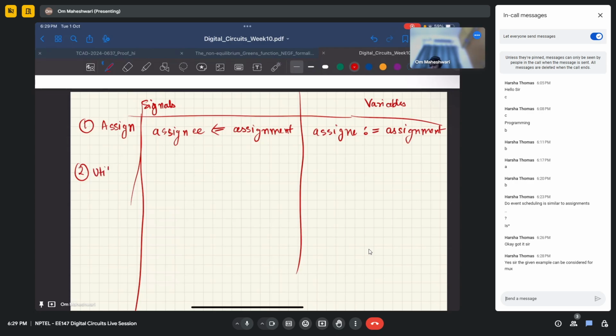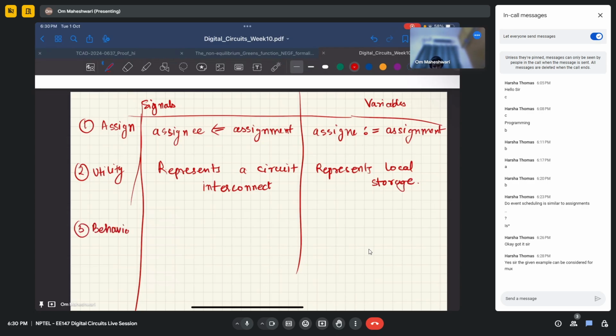Other thing is utility. A signal represents a circuit interconnect. A variable represents local storage. Behavior: a signal is updated at the end of the process statement.